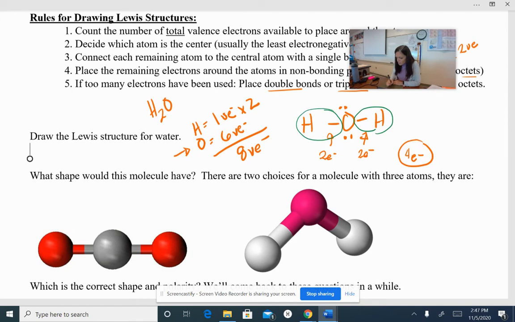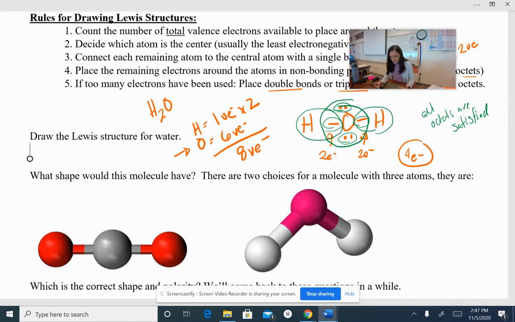This hydrogen has 2 electrons. And this oxygen has 2, 4, 6, 8 electrons, so it also has its octet satisfied. So all octets are satisfied, and this would be our Lewis structure.